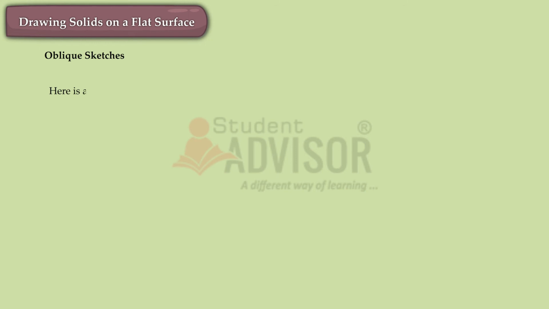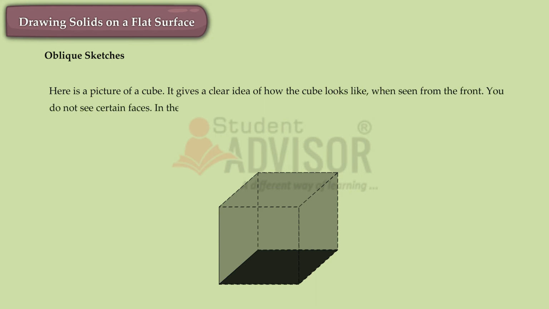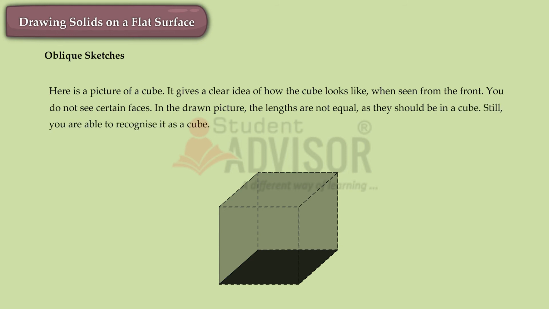Here is a picture of a cube. It gives a clear idea of how the cube looks. When seen from the front, you do not see certain faces. In the drawn picture, lengths are not equal as they should be in a cube. Still, you are able to recognize it as a cube. Such a sketch of a solid is called an oblique sketch.